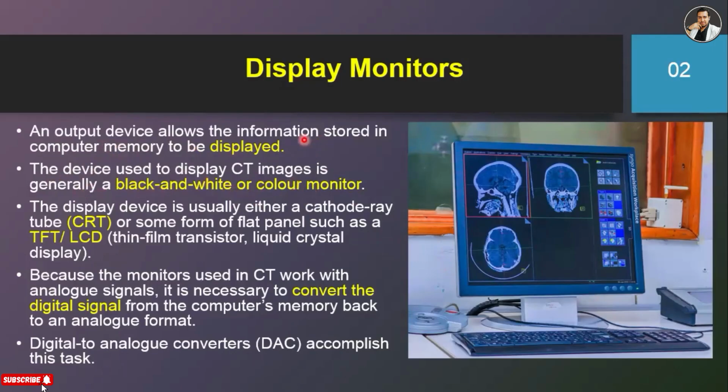The display device is either a cathode ray tube (CRT) or some form of flat panel such as LCD. The most advanced is LED. Modern monitors are all LCD or LED.